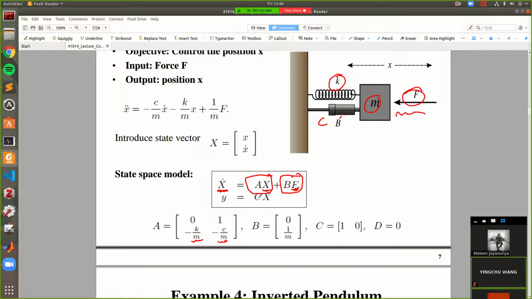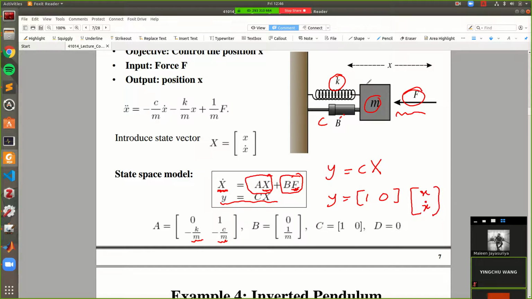And then Y equals Cx tells you the output. Again, this depends on what you consider as the output. If you're interested in the displacement as the output, your C matrix will look like this, because X is equal to X and X dot.